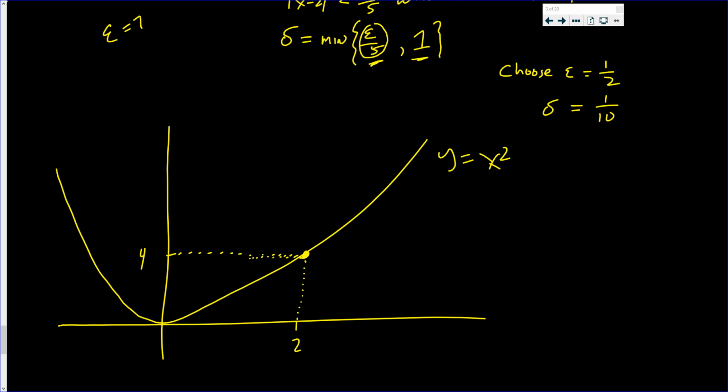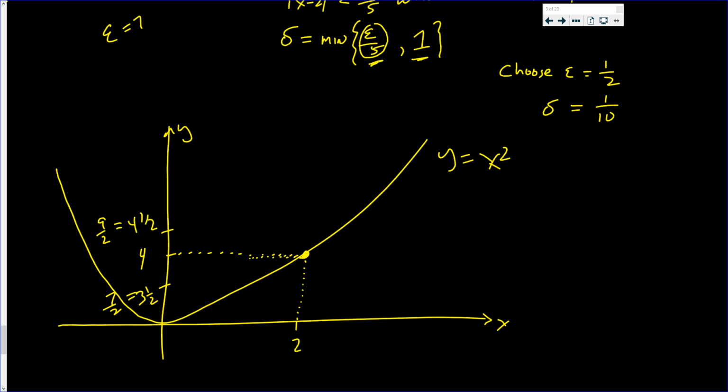Okay. So, if I go up to 4.5, if I go down to 3.5, just for the record, this is 9/2, this is 7/2.